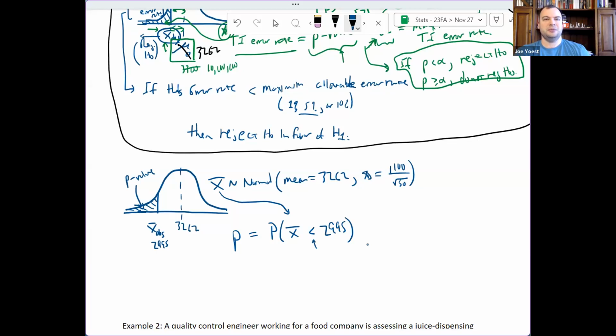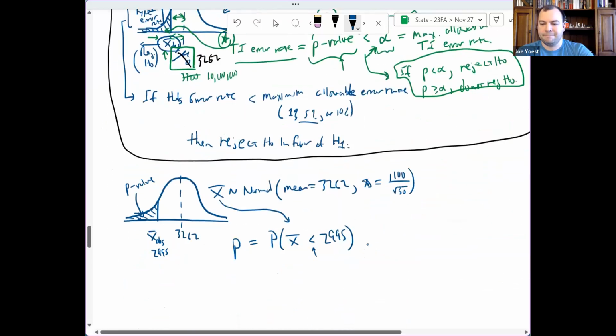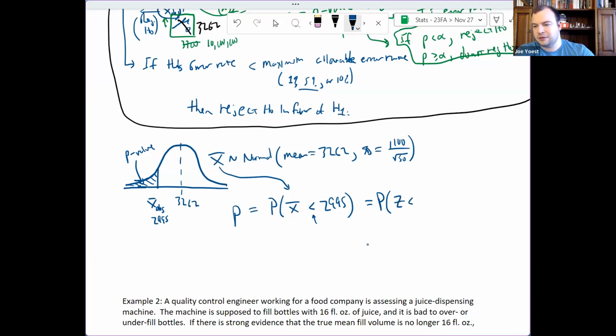Why is this symbol less than and not greater than or something? Well, it's because it ultimately comes back to this symbol being less than. So that's our p-value. What's the z-score for this? 2995 minus the mean over the standard deviation.